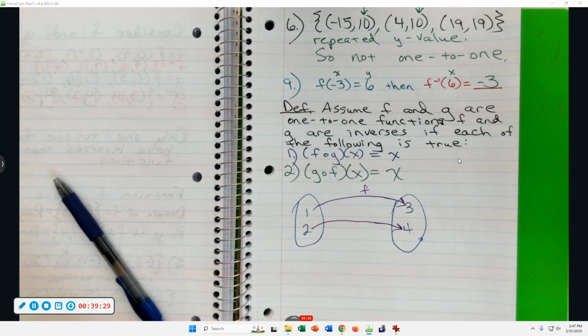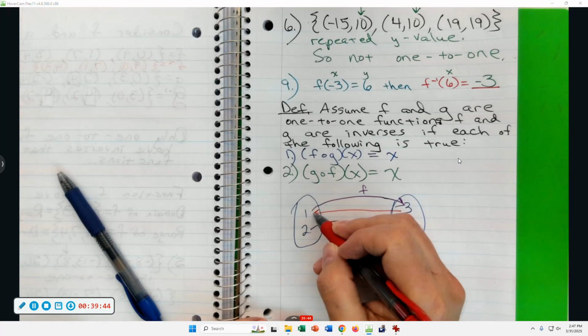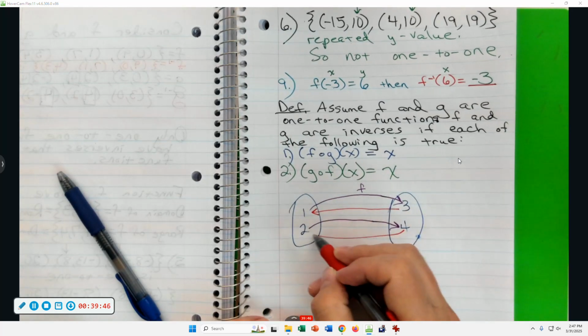We're looking at this little mapping, and there are two ordered pairs, 1, 3 and 2, 4. If G were the inverse, G would have to take 3 back to 1 and 4 back to 2.